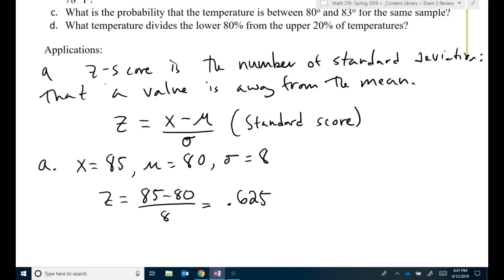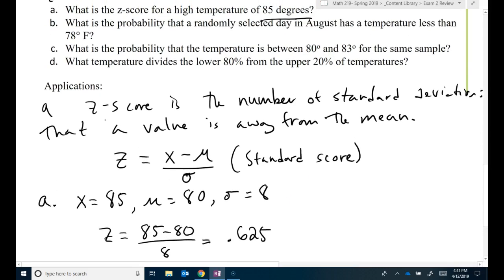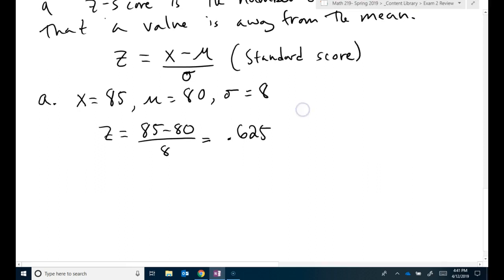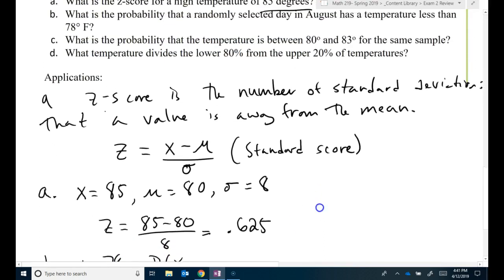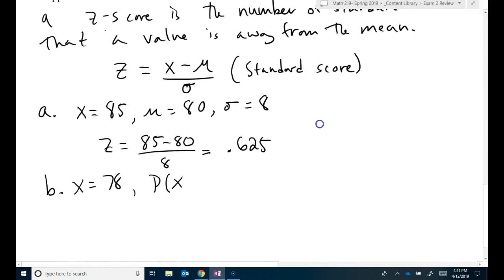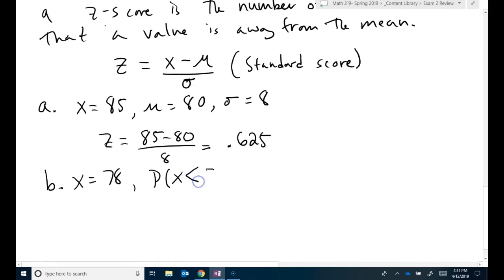Okay? What about B? What is the probability that a randomly selected day in August has a temperature less than 78 degrees? Now, here's what I'm going to be expecting from you. First, x is equal to 78. And I want you to write a probability: the probability that x is less than 78.